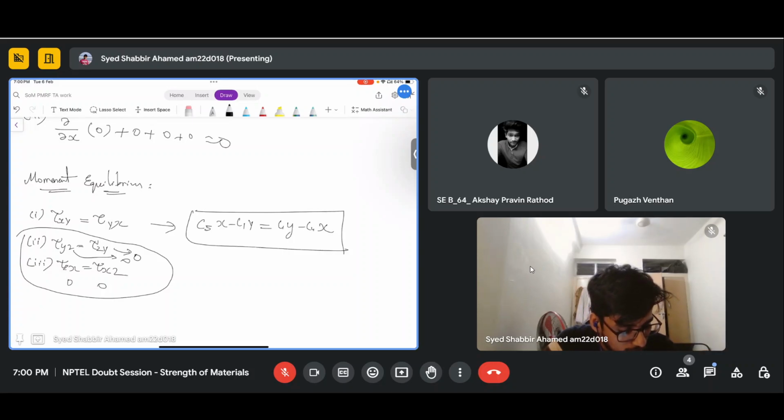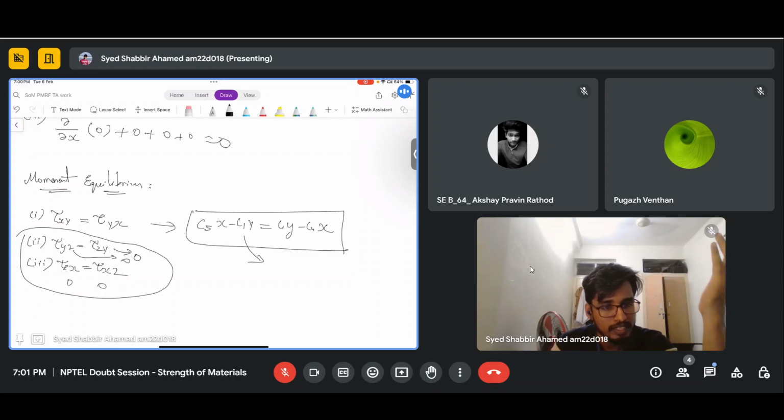So because this condition is not being satisfied, we can say that all force equilibrium conditions are satisfied for all values of C1, C2, C3, C4, whatever you take. But the moment equilibrium condition doesn't get satisfied for arbitrary values of the constants.